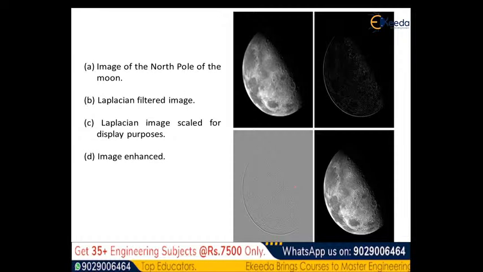So as compared to the input image, which was a smooth portion, now we have a sharp image here. Fine details of the north pole of the moon can be better studied when we operate the input image with the Laplacian filtered image, which is a sharpening spatial filtering.